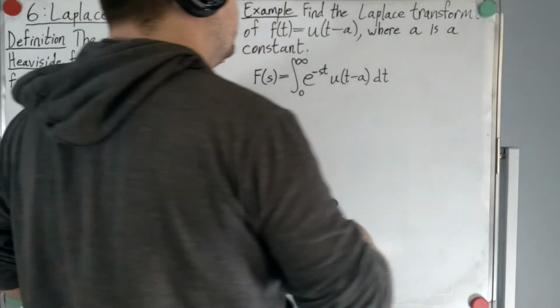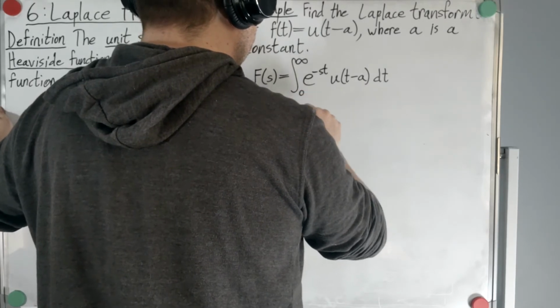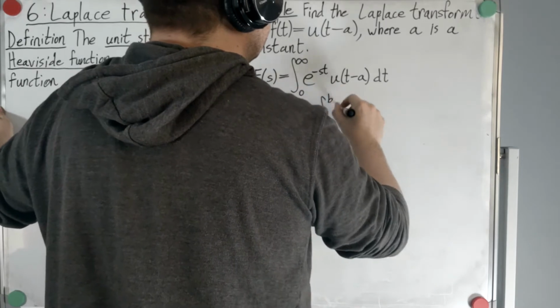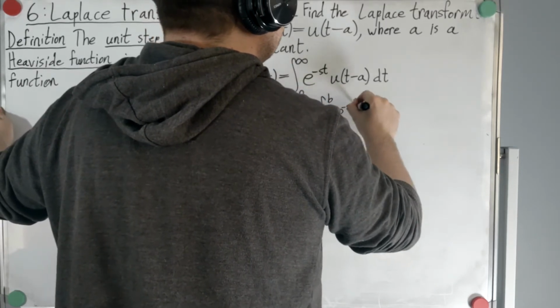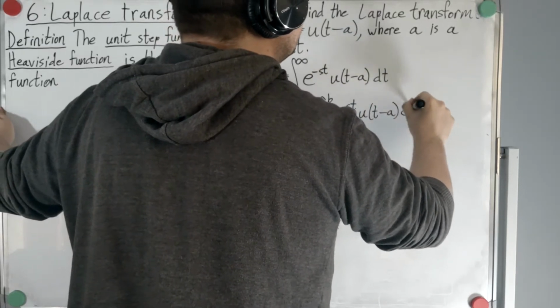By definition, that means the limit as b approaches infinity of the integral from 0 to b of e to the negative st times u of t minus a dt.